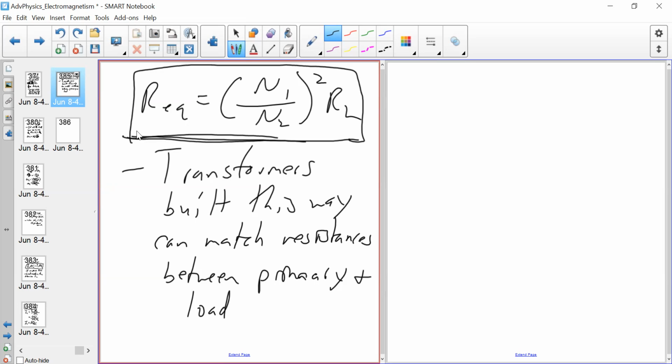Yeah, okay. So you can play around with it. To your point, if you just have one type of load, you can change this number, but for each case, you can have an equivalent resistance.